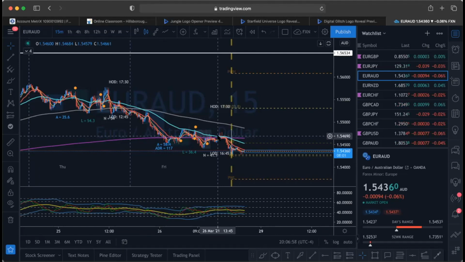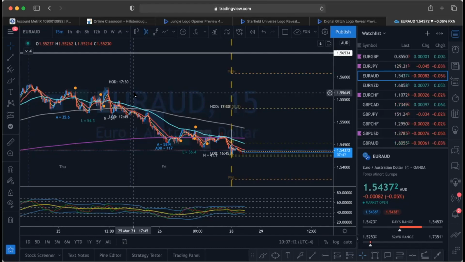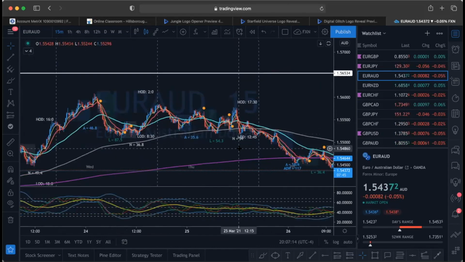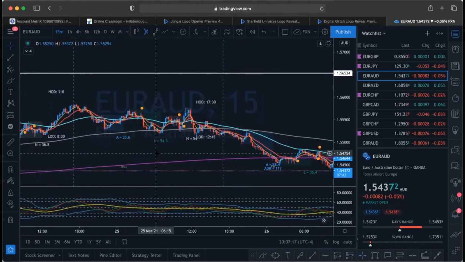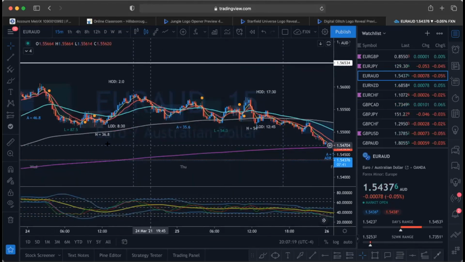Most important aspect of trading this is that the second leg has to be in either the London or the New York session. So the first leg, I don't care where it's at. It's the second leg that really matters, right? So the second leg has to be in London or in New York session.